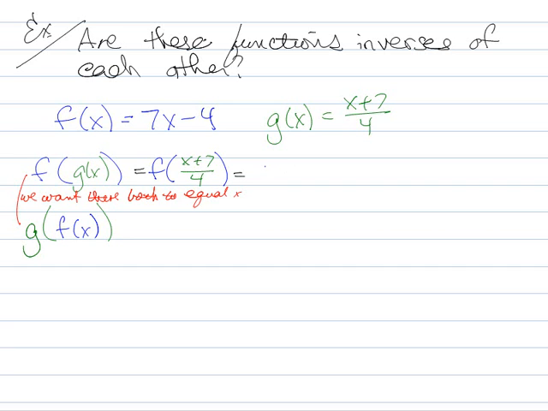So everywhere I see an x, I'm going to put x plus 7 over 4. So I have 7 times x plus 7 over 4 minus 4. So I've got something ugly. I've got 7 times x plus 7 over 4 minus, I need a common denominator, 16 over 4.